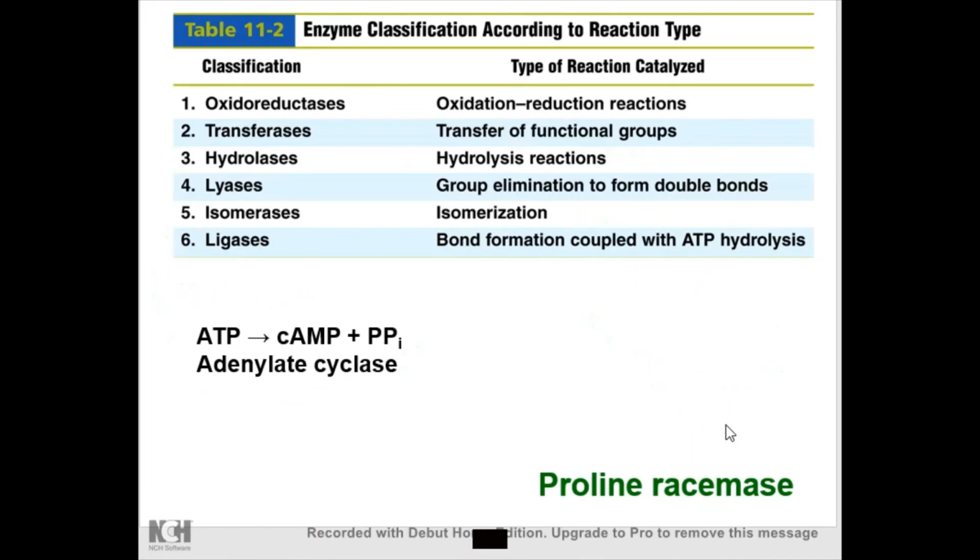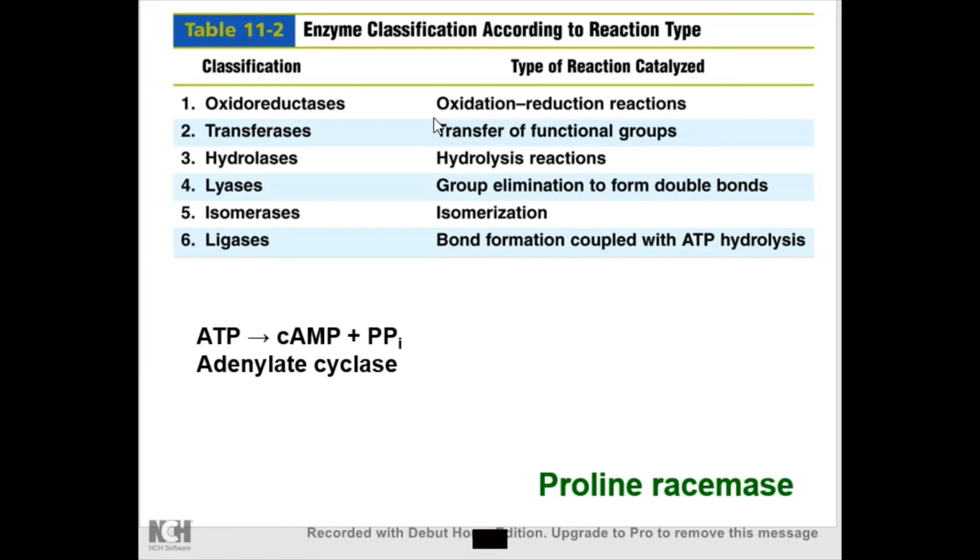At the end of this part of our course, I would like to remind you again of the classification of enzymes and give you at least one example for each type of enzyme. For example, oxidoreductases catalyze redox reactions, and a couple of them I mentioned in the last lecture.